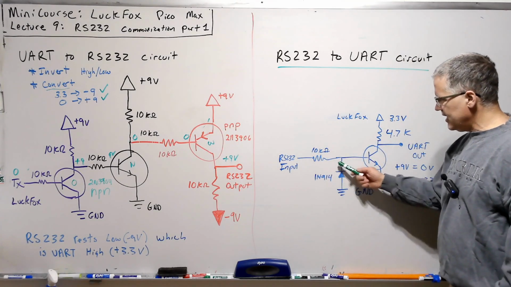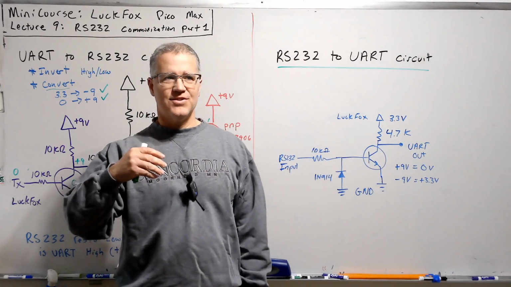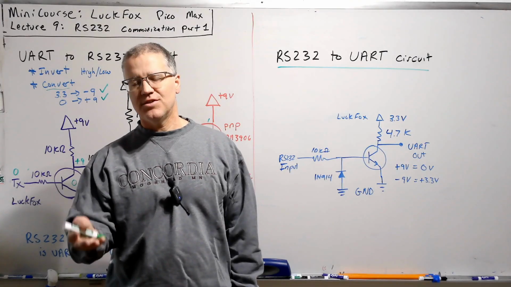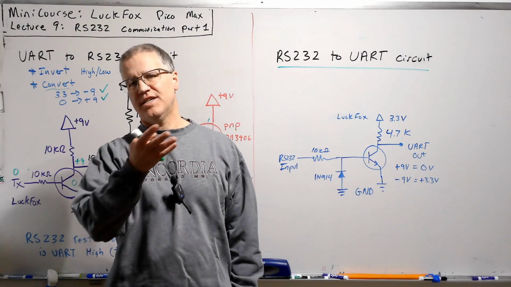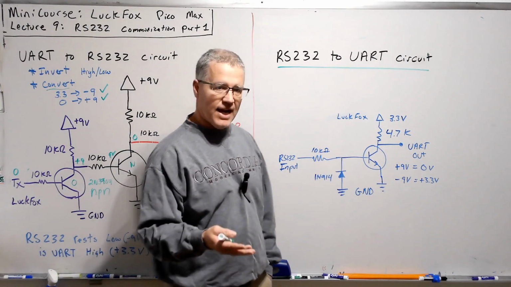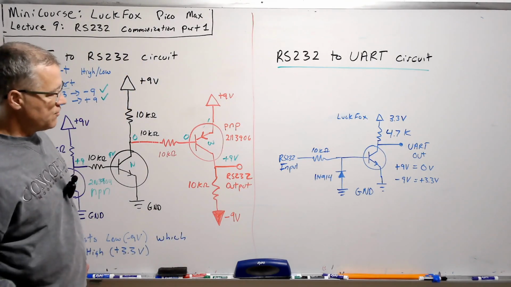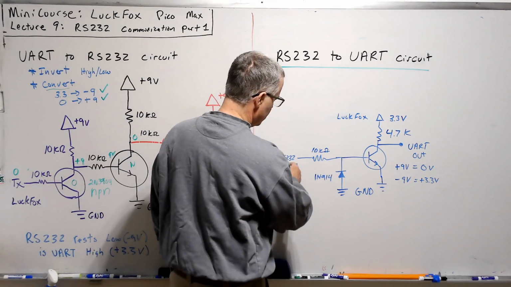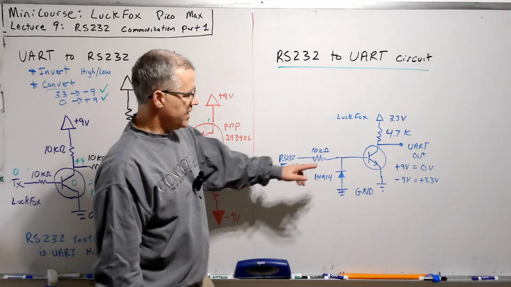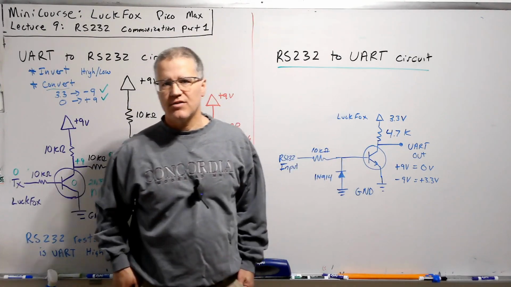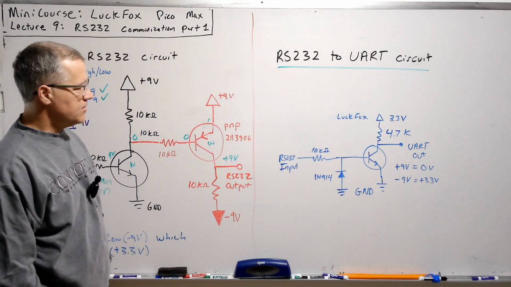This is a diode, and the reason we have the diode, and this is another part of the trickiness of this, instead of with the RS232 having the minus 9 volt and the plus 9 volt instead of 0 and 9 volts, for example, we have to handle that negative 9 volts, which has sort of been the pesky problem throughout here. And again, that happens here. So we're gonna have a minus 9 volt come in here, and we can't put that on the base here. So it really can only tolerate a small negative voltage here, or it damages the transistor.